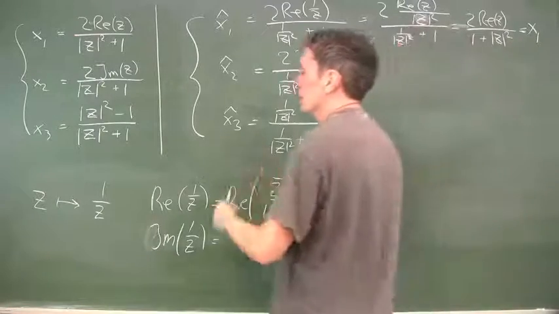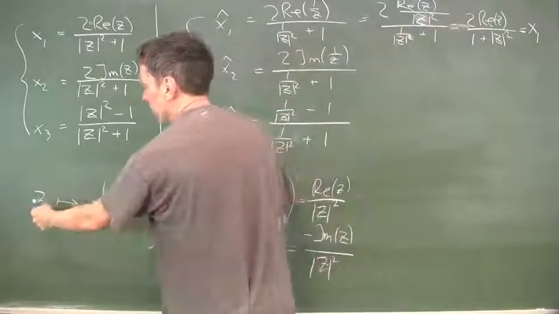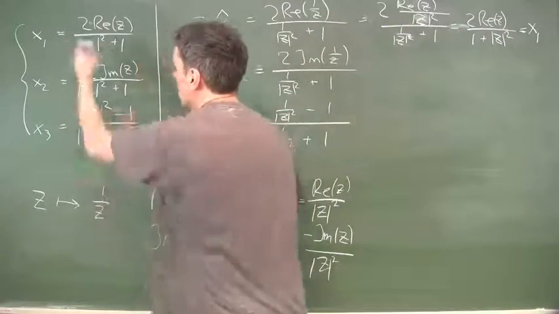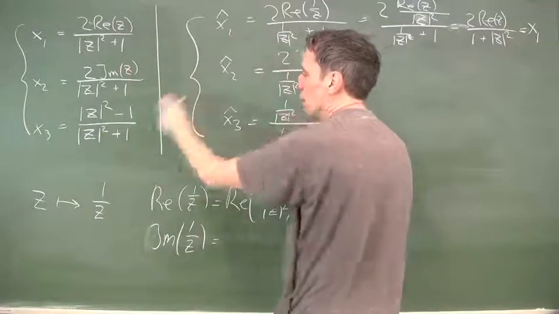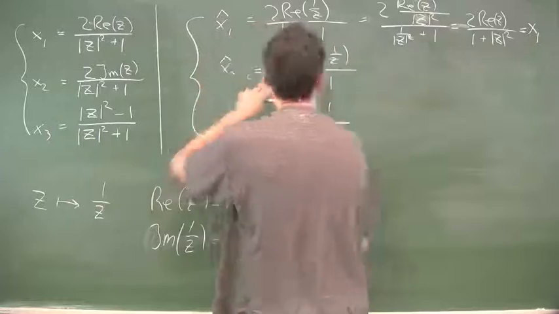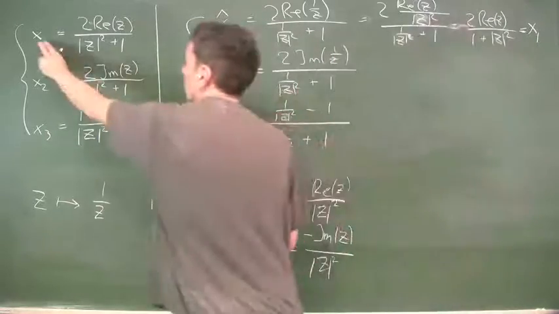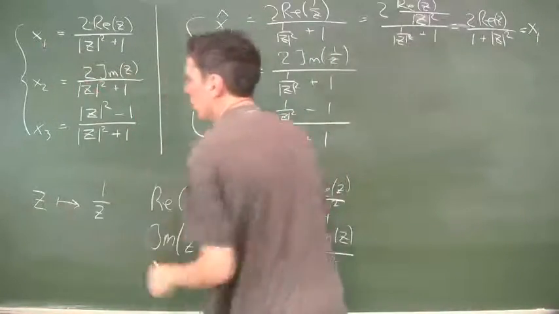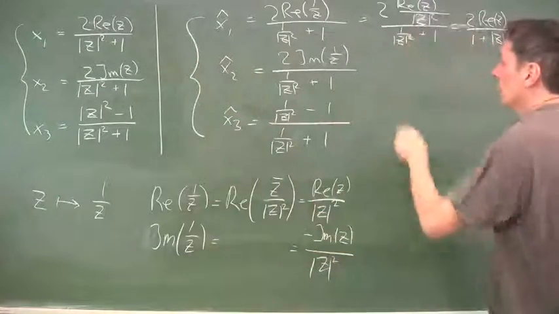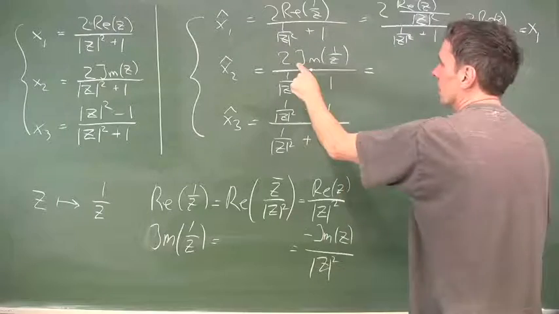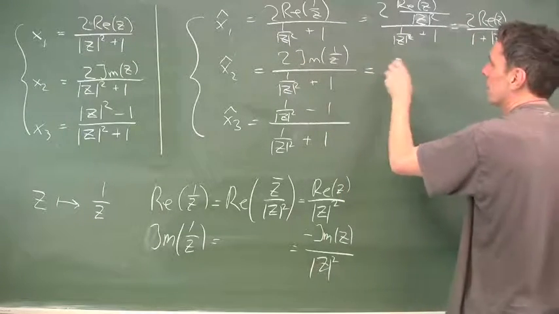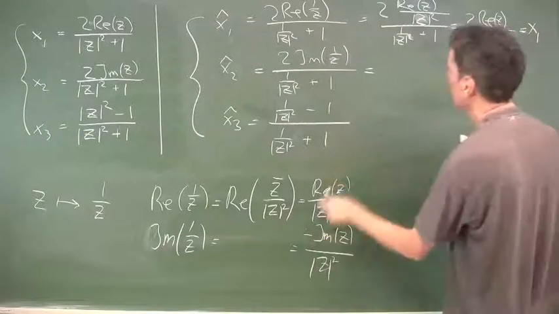So the conclusion is that this map does not change the first coordinate. The first coordinate of the image point 1 over z is the same as the first coordinate of the original point z. Here, however, we get more or less the same thing, but remember we have a minus sign here now.